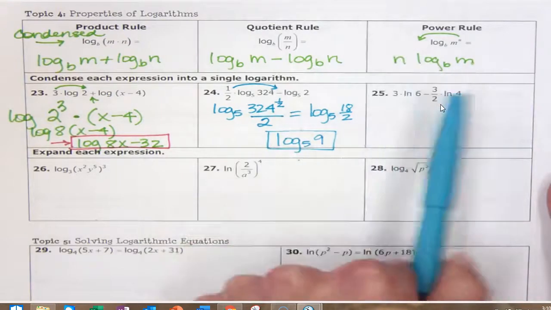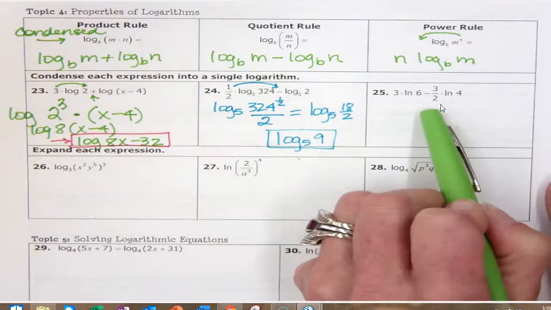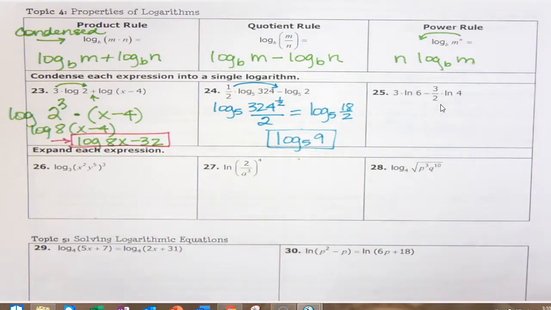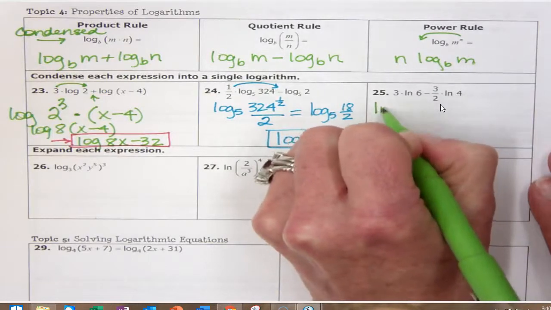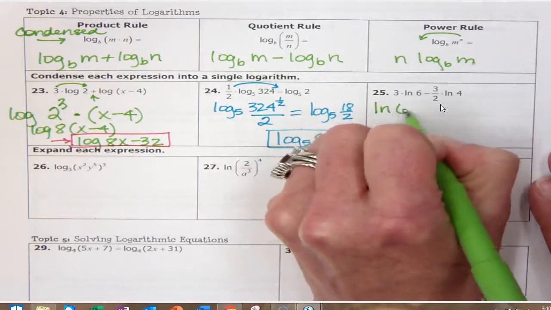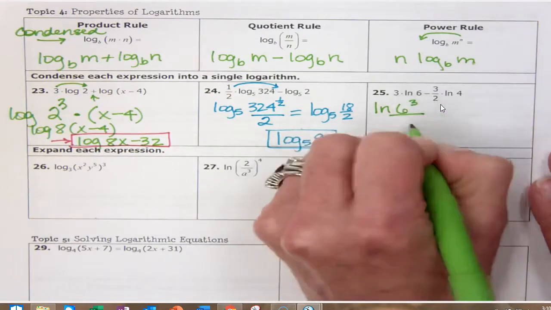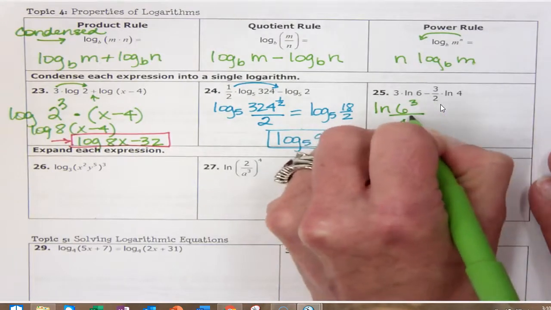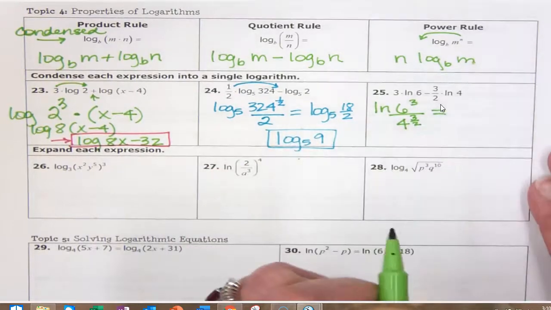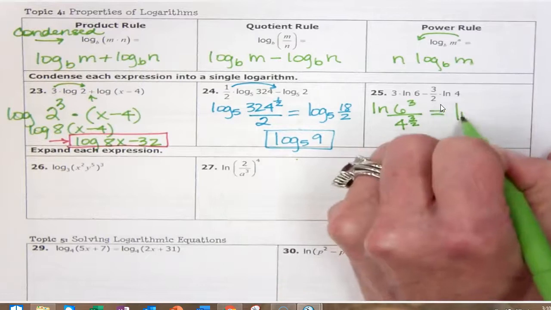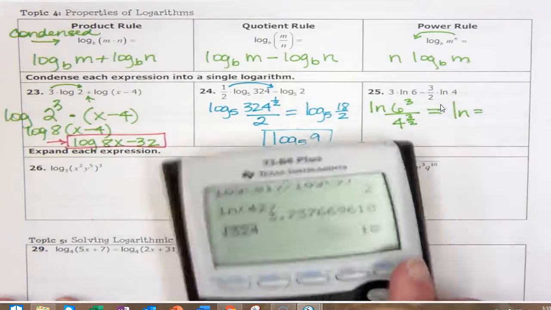Alright, last one. Now we've got a natural log, and the natural log is still going to be the same. ln of 6 to the third power divided by 4 to the 3 halves power. So now I've got to do some calculations here. 6 to the 3rd power is 216.